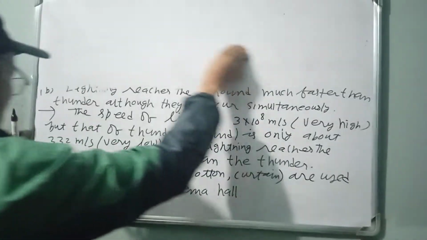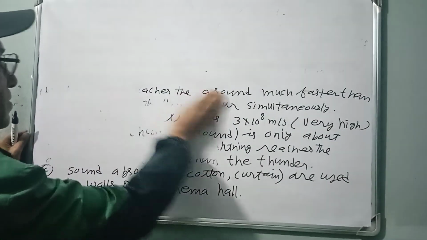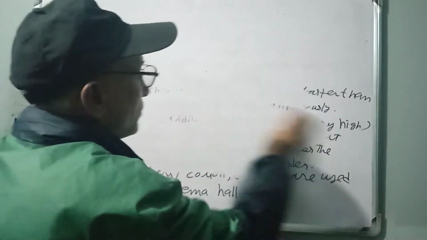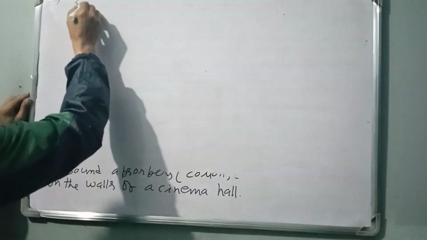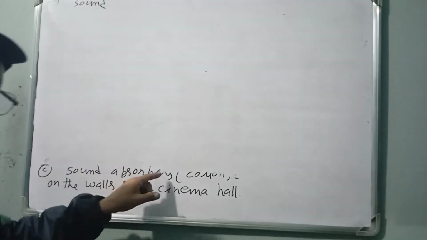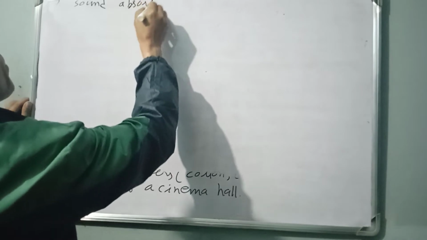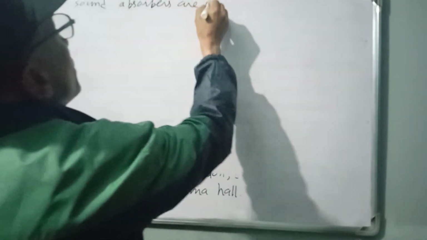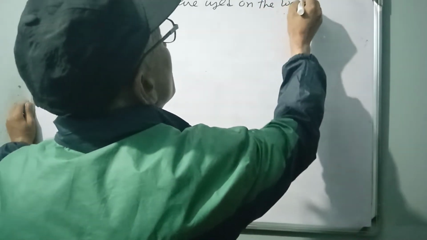The answer, question number 3C. Answer: sound absorbers are sound absorbing materials. Sound absorbers are used on the walls of a cinema hall.